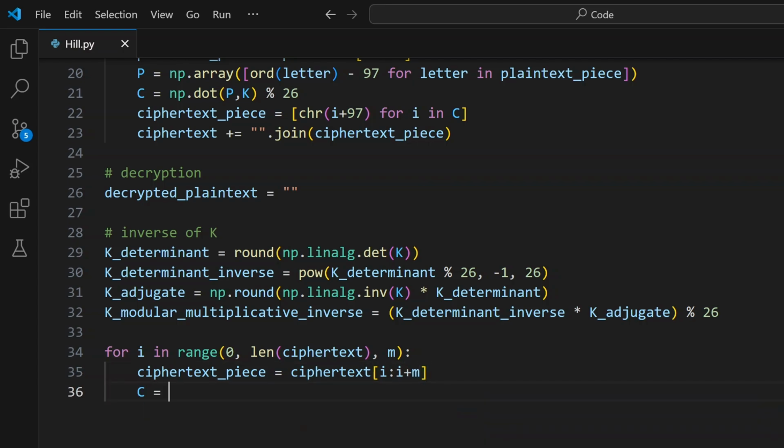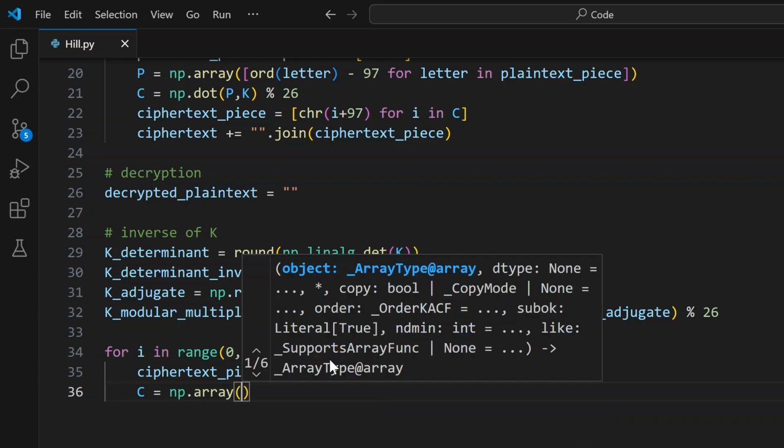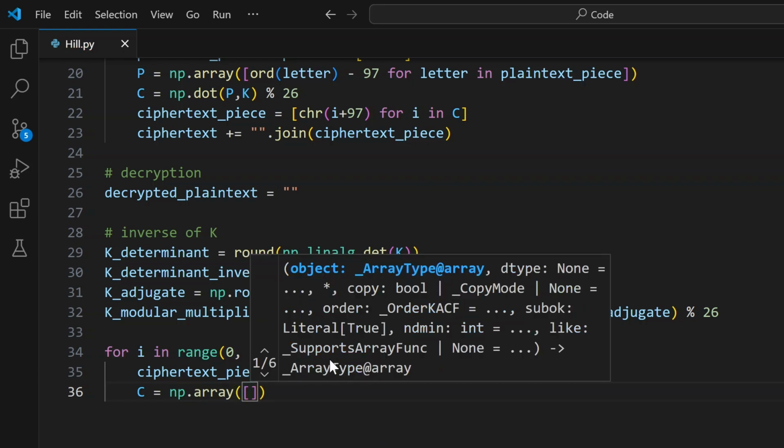Remember that for decryption, we have P equals C multiplied by K inverse. So now we have C, which is the piece that we now took here. And this piece will be converted into numbers from 0 to 25, just as we did with the plain text. So that's what we're doing here.